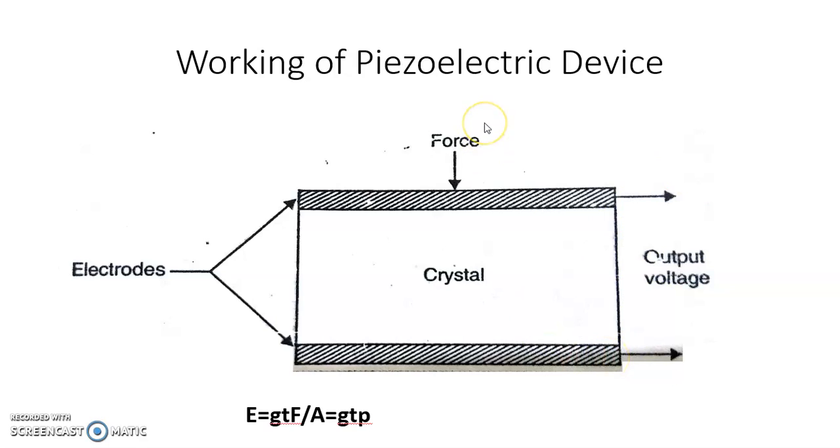When force is applied across the crystal, because of the piezoelectric effect, the crystal develops EMF or voltage across its surfaces. If we make a short circuit, current will flow, and the voltage can be measured by a voltage measuring instrument.